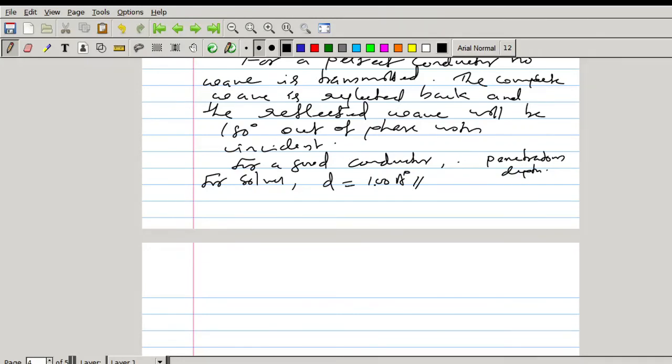As the conductivity increases, the reflecting power also increases. The amplitude of the reflected wave depends on the conductivity of the medium. So this is all about the propagation of electromagnetic waves and reflection and transmission at a conducting boundary.